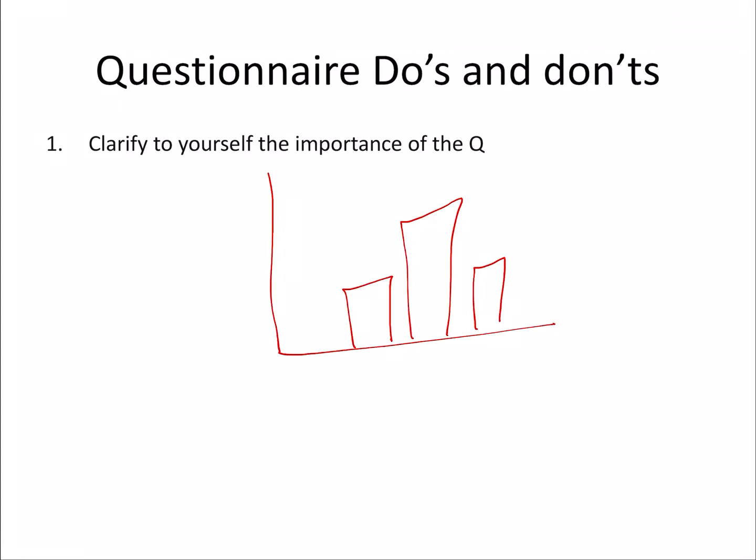For each question, and these rules apply to interviews as well, what we should do for each question is ask, how important is this question? What concept does it answer, or what variable is it measuring for a certain concept? Keep the question direct and simple. Don't try to ask too many things in a question.